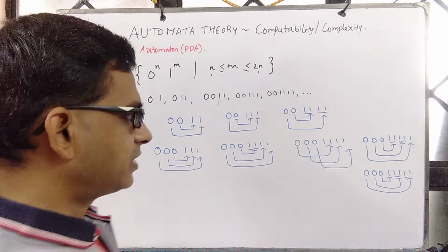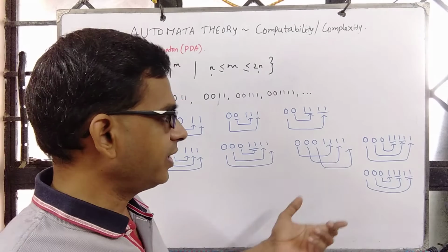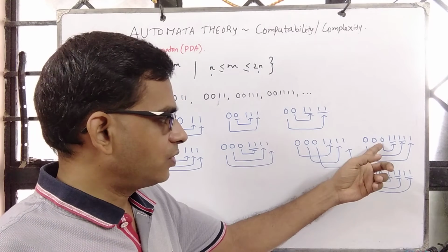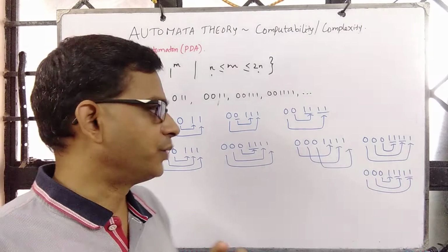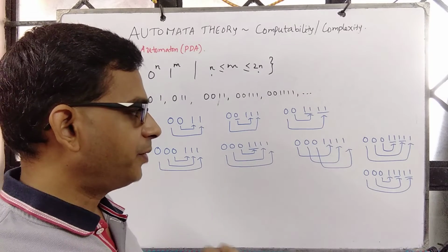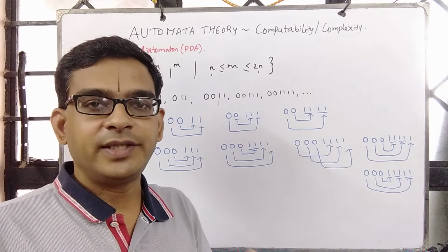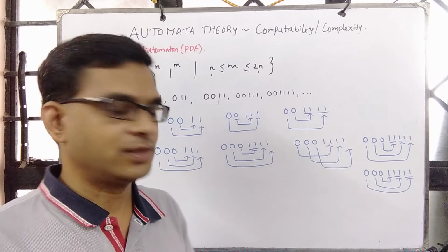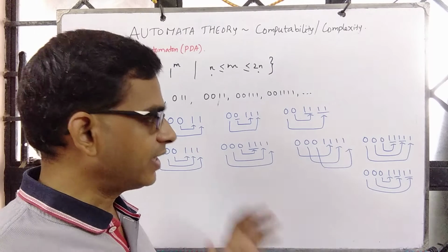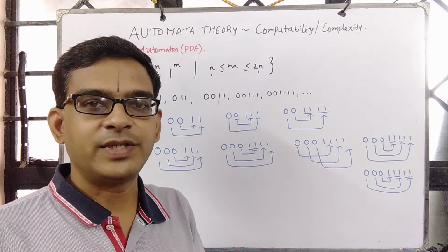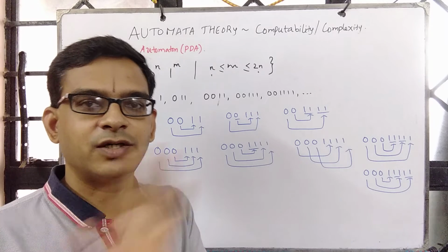Now in some sense I have to guess, or the machine has to see, for this 0 should I associate a single 1 or 2 ones. Remember, the machine cannot count and tell you there are 3 zeros, there are 5 ones. The machine is designed in such a way that it can read exactly one symbol and push a symbol or more than one symbol onto the stack.